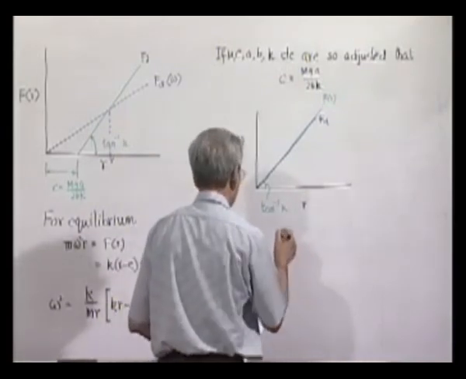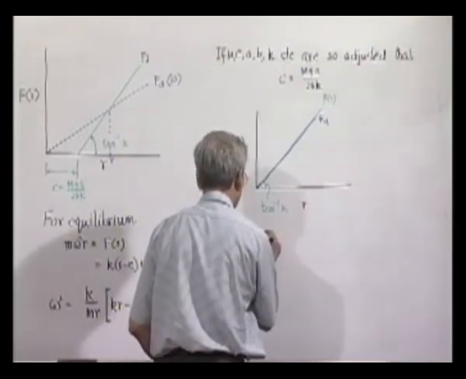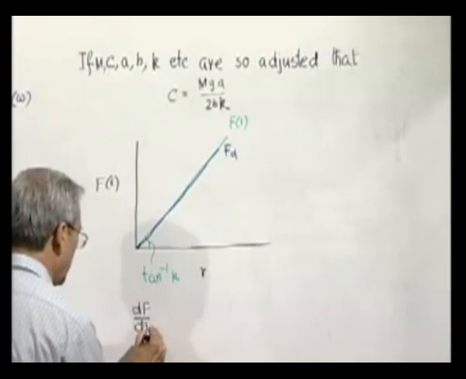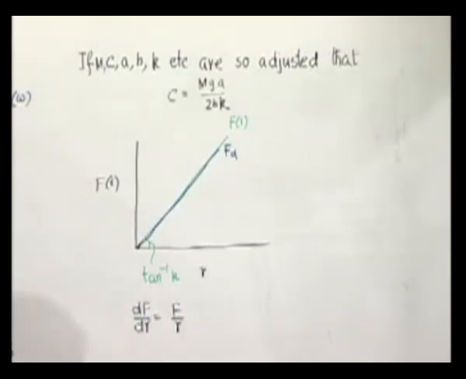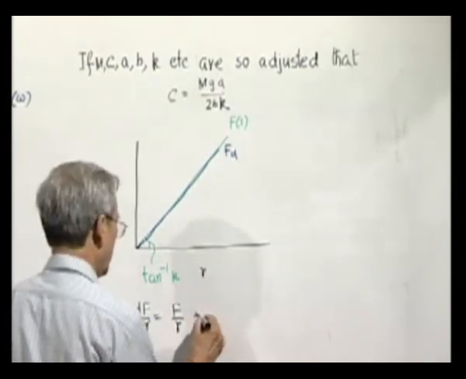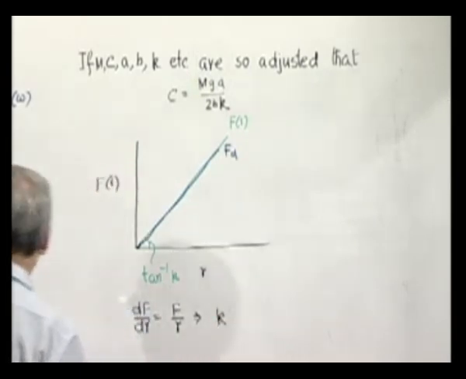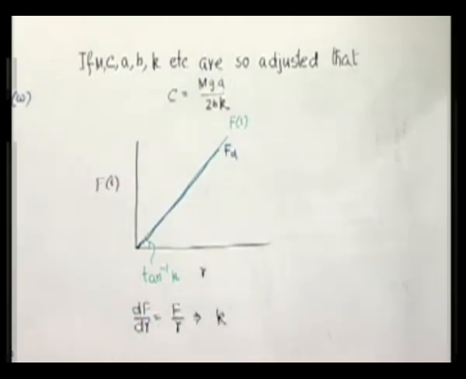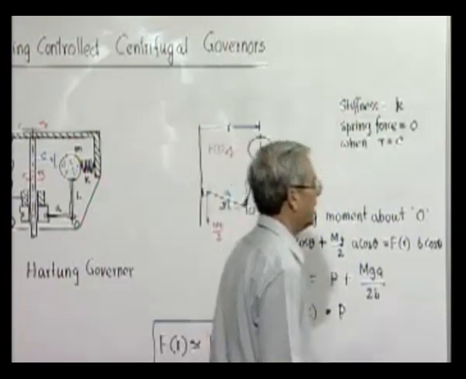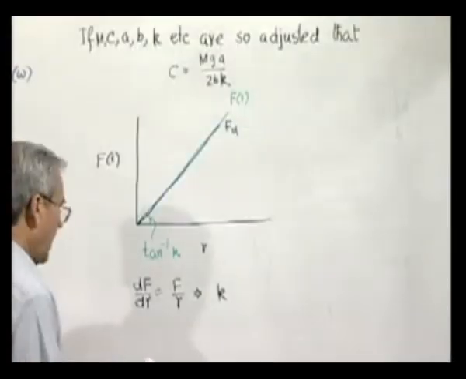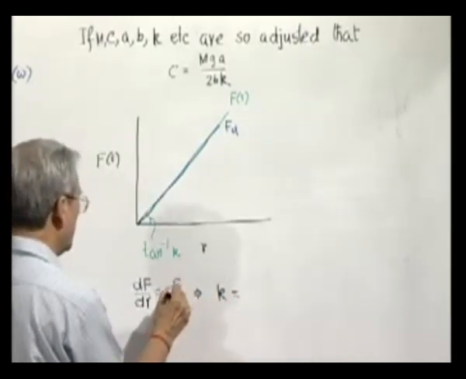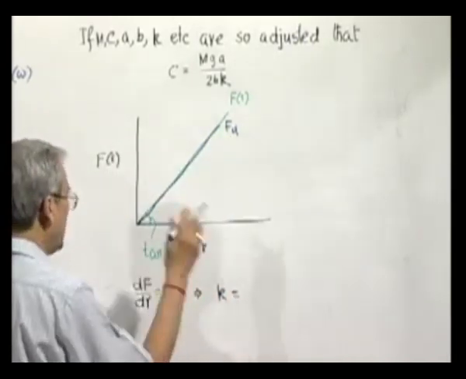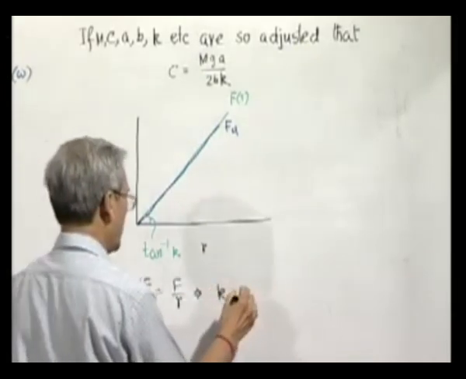So we find that df dr is equal to f by r was the condition for isochronism, and df dr is nothing but k. And f by r, where f is equal to fd at equilibrium, which is m omega square r, so m omega square r by r is m omega square.